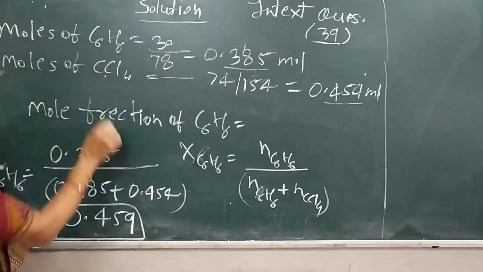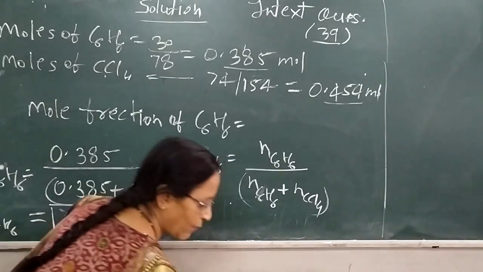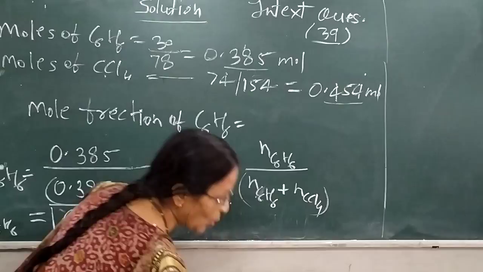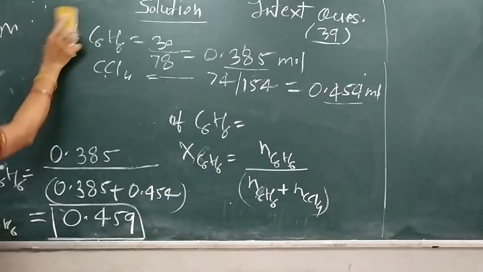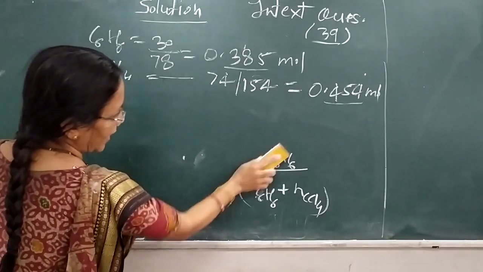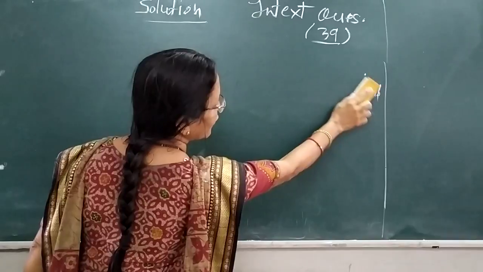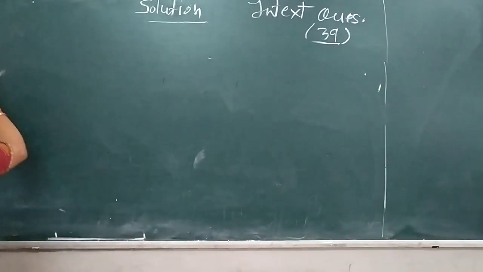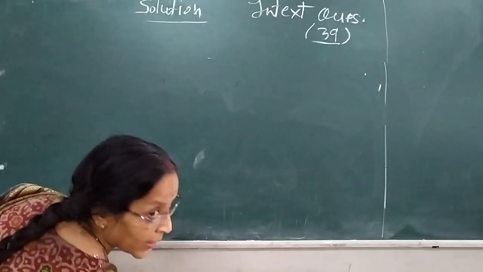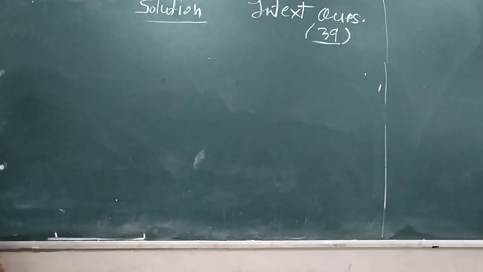So the mole fraction of benzene has been calculated and our question number 2 is completed. Again, if the mole fraction of CCl4 is asked, then also we are able to complete it because we have 70 grams and then divide by the total number of moles of the solution.